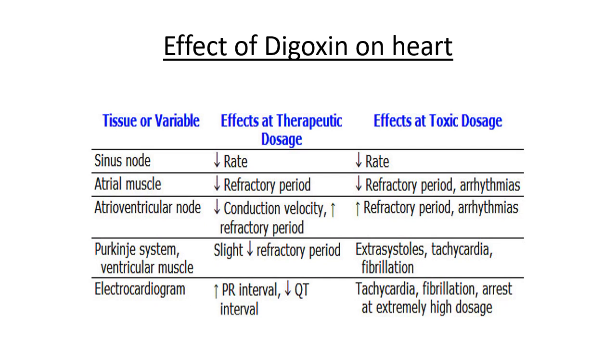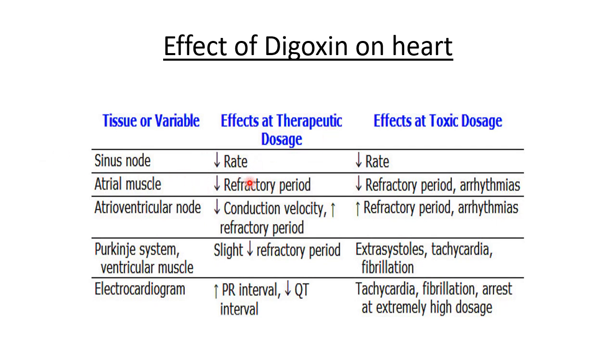So now let's see its electrical effects on the heart. Digoxin is also having a parasympathomimetic effect. So what it would do on the SA node and AV node, if you recall the parasympathetic system, they were having negative chronotropic and negative dromotropic effect. So it would decrease the heart rate.